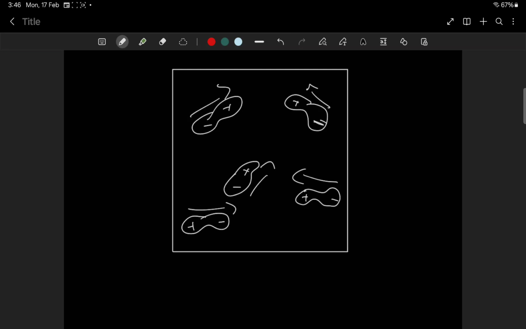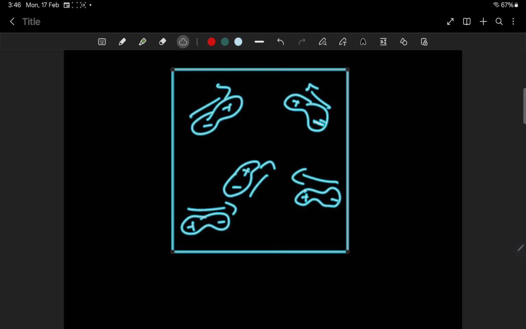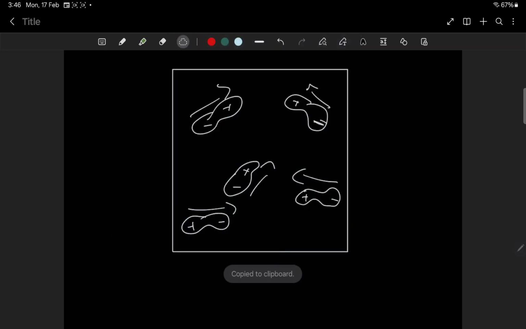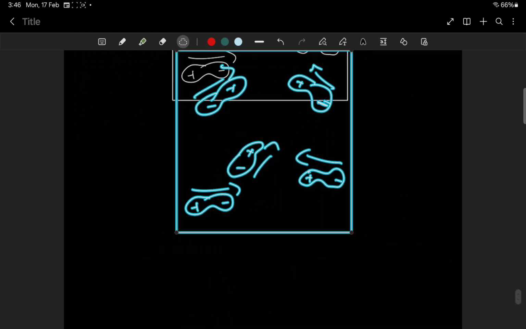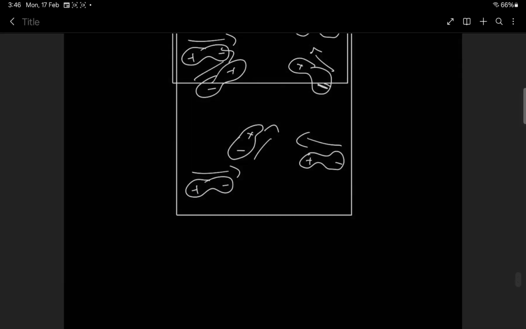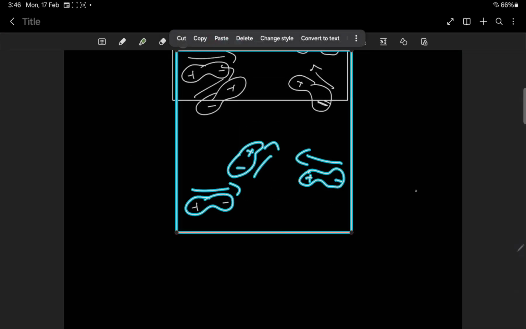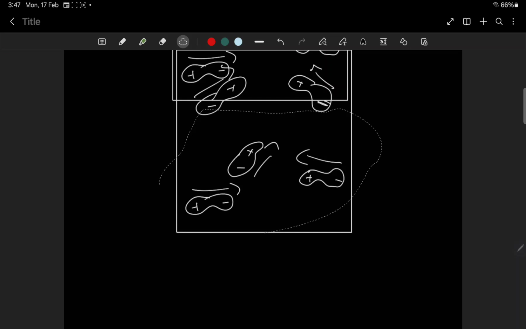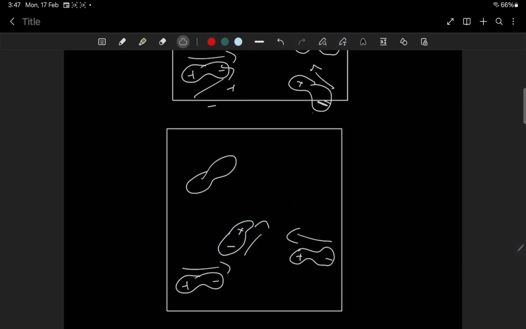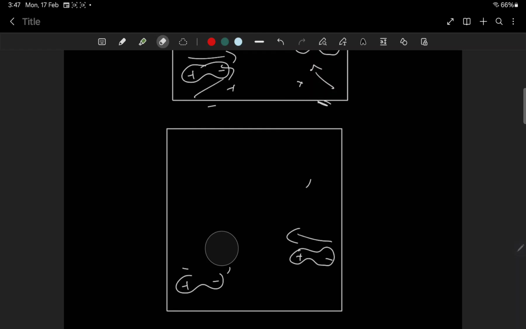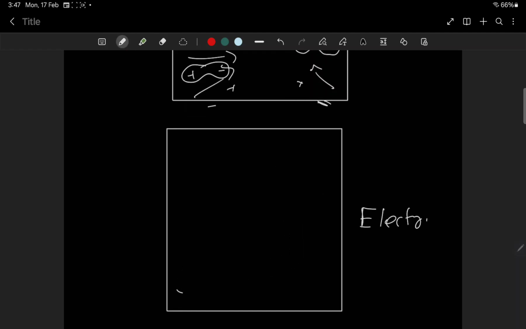But if I take the same thing and keep it in an external electric field, what happens?